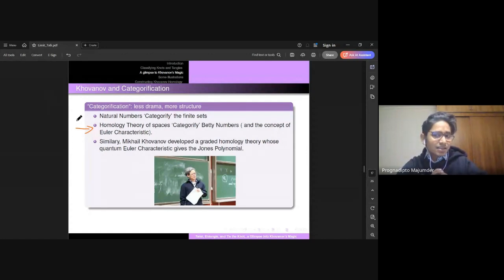So I think you have seen this graph-theoretic math. The number of vertices minus the number of edges plus the number of faces is equal to 2, right, for a planar graph? Yes, I was just checking if you have seen that.